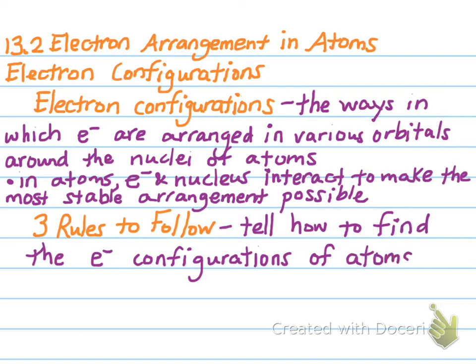Using these 3 rules, by the time we're done with this, you should be able to write the electron configuration of any atom on the periodic table. Now, today it is definitely going to be necessary for you to have a periodic table to look at. So hopefully you have a periodic table printed out and sitting next to you as we do our notes today.